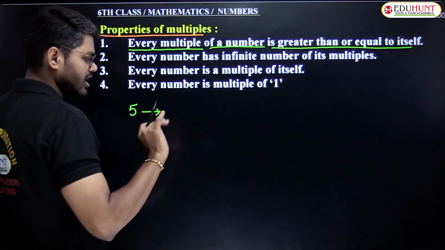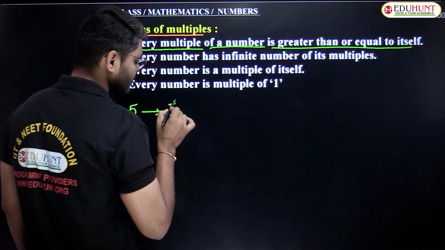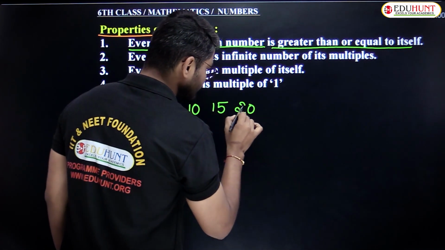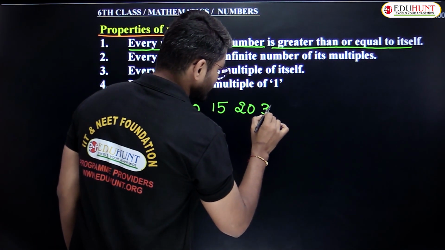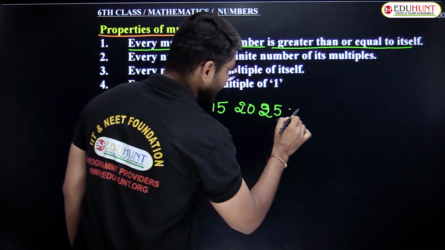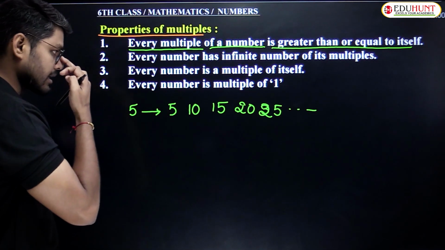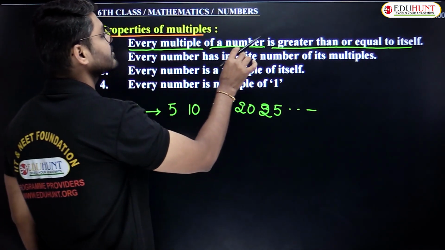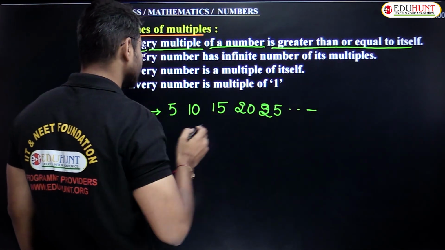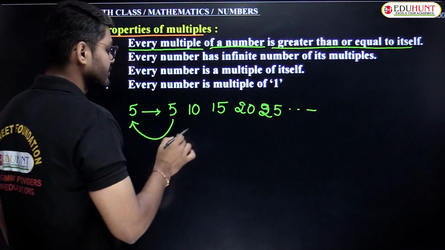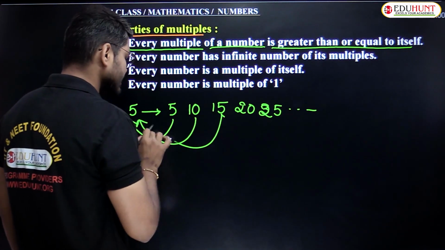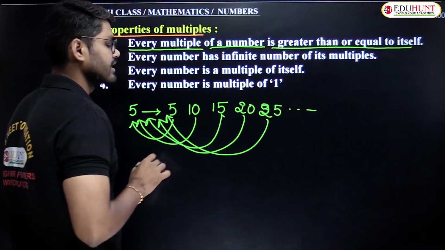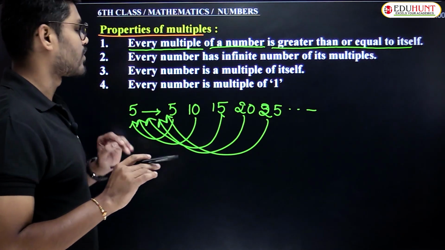Read the 5 table, that's it. 5 ones are 5, 5 twos are 10, 15, 20, 25, and so on. All these are multiples of 5. Here the point is every multiple of a number is greater than or equal to itself. 5 is equal to 5, 10 is greater, 15 is greater than 5, 20 is greater than 5, 25 is also greater than 5. This is the point here.